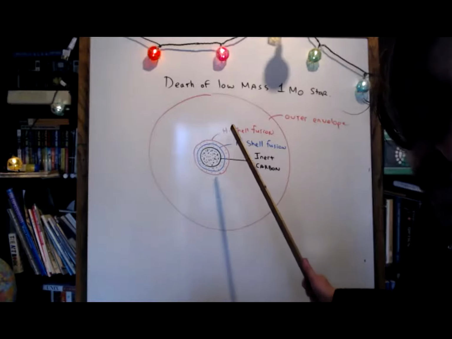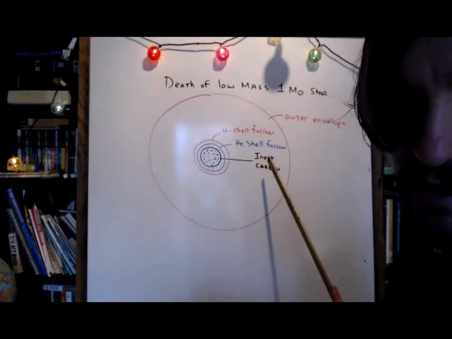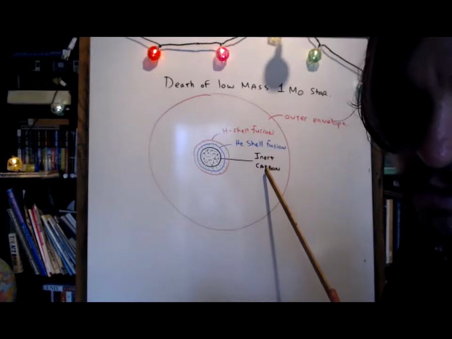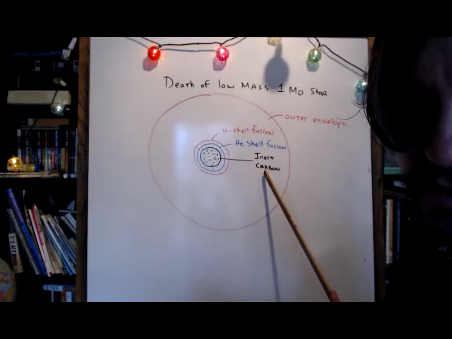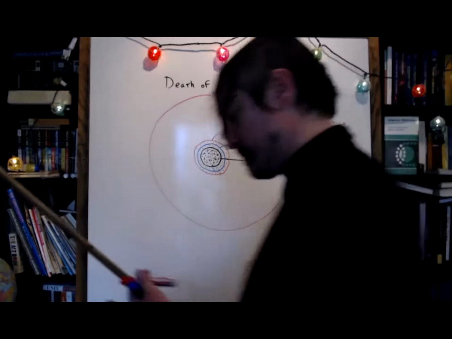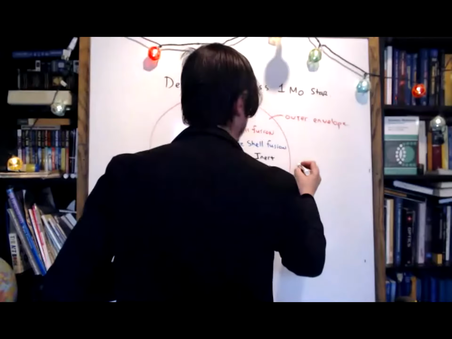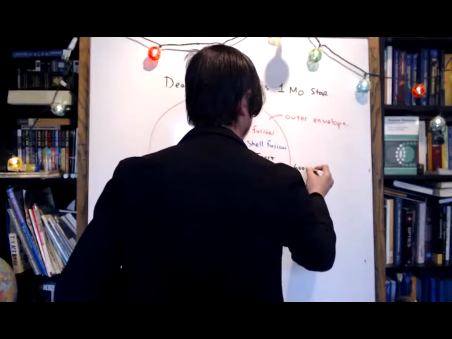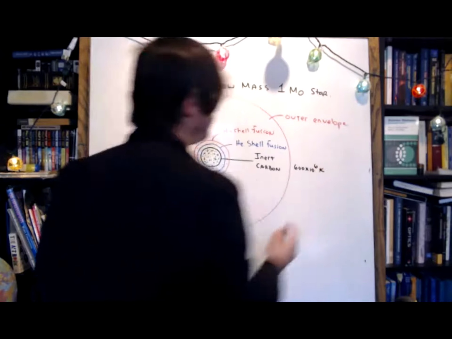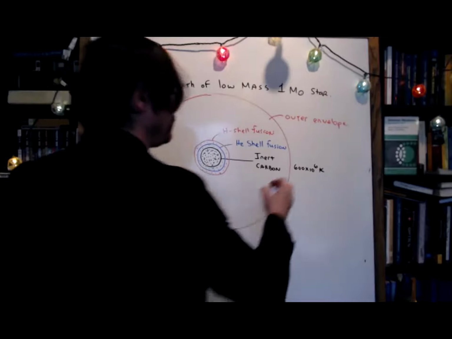Nope. 15 million for hydrogen, 100 million for helium. Oh, that's carbon. Is it the billion? Not billions. 600 million. Okay. Carbon is 600 million. We can't do that. The sun can't do that.